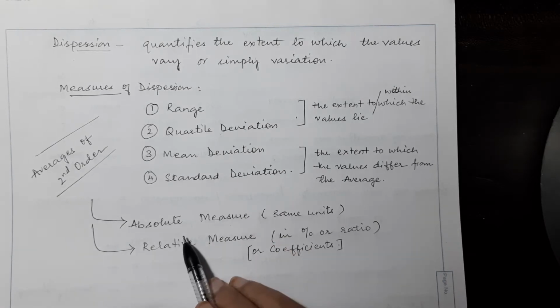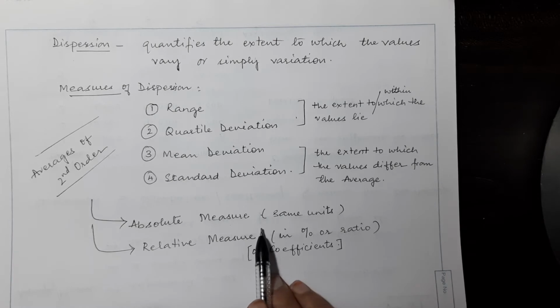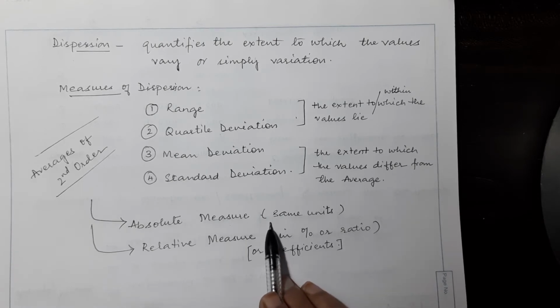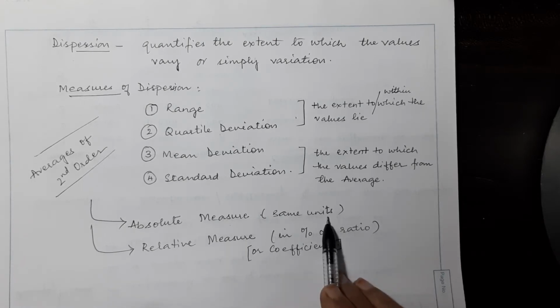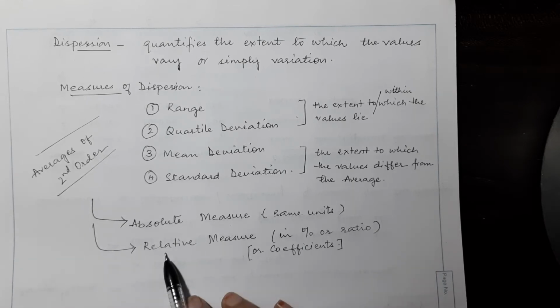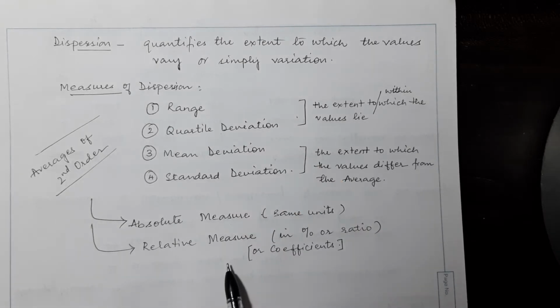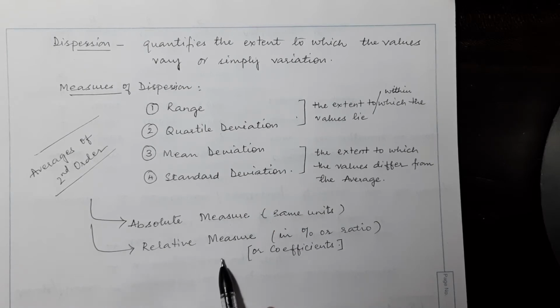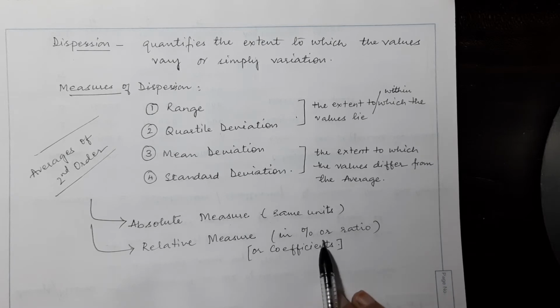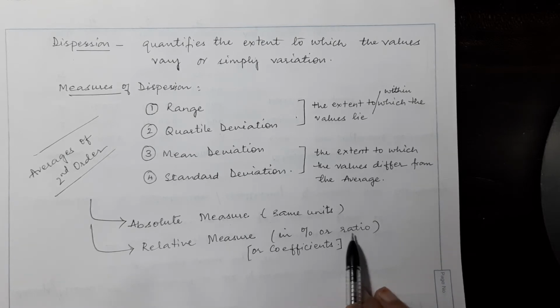Now, the absolute measures show us the values in the same units, whereas the relative measures of these measures of dispersion show us the values in percentage or ratios, otherwise called coefficients.